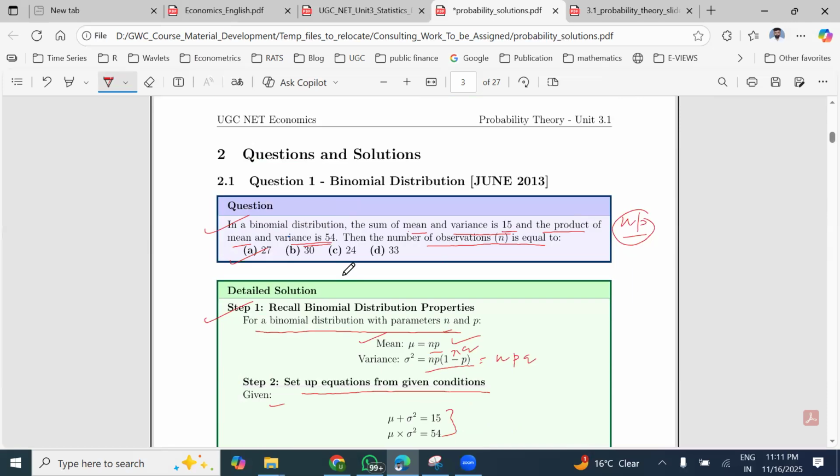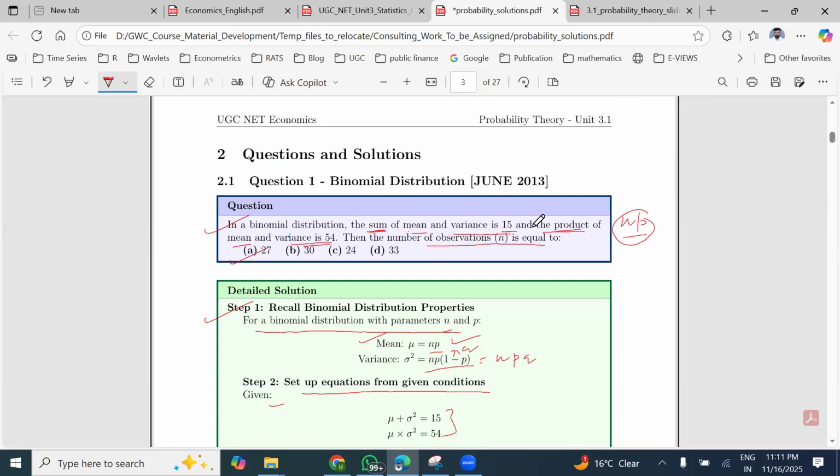First of all, whenever this kind of question comes, where sum is given and product is given, if you have understood quadratic equations, go back to your school days. Quadratic equation, you have an idea, right?